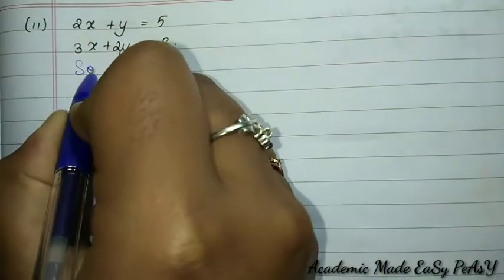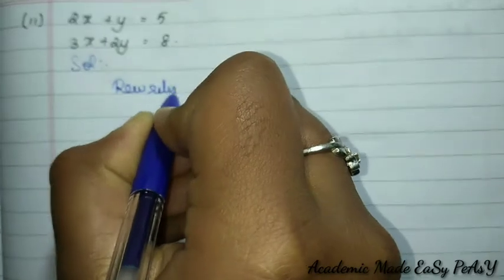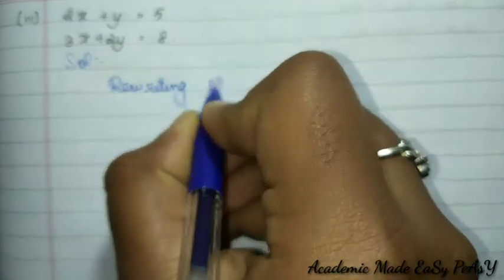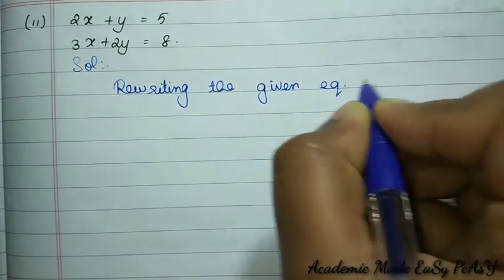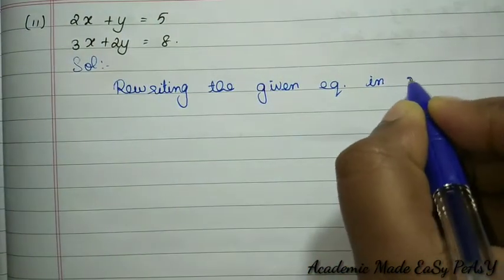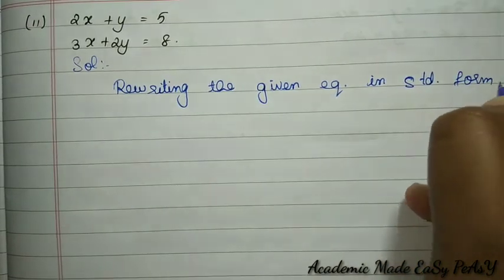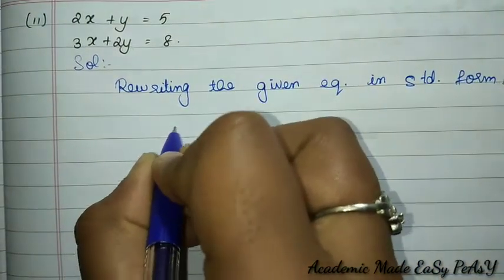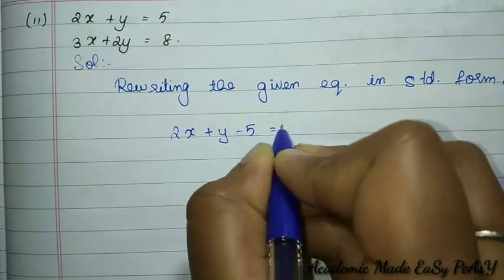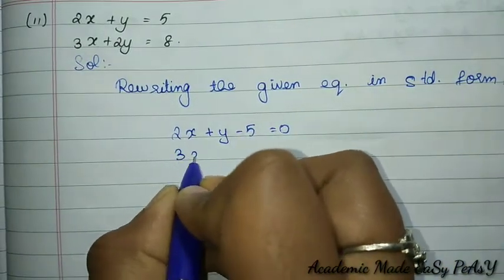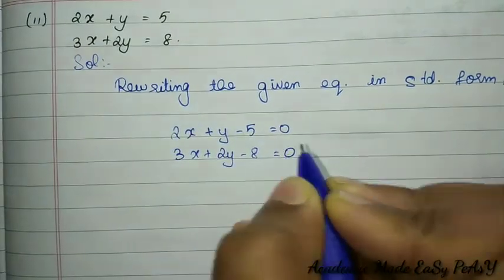So solution, rewriting the given equations in standard form, we get 2x plus y minus 5 is equal to 0. 3x plus 2y minus 8 is equal to 0.